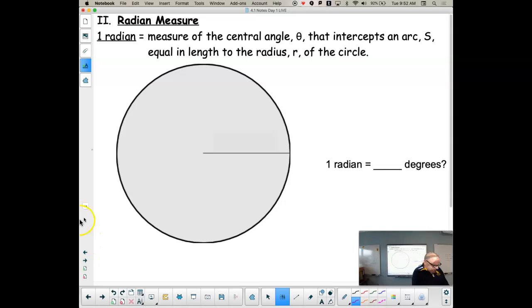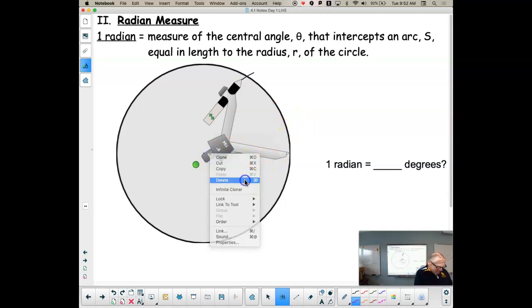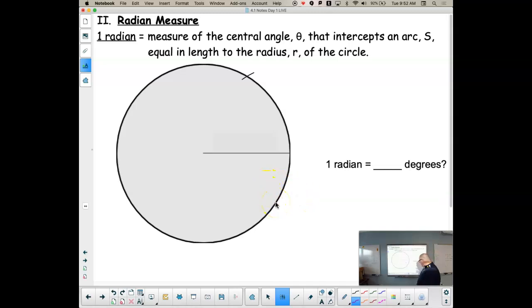What we mean by that is, if you had a compass, we could take said compass, measure out the radius of our circle, and then we could mark our circle like so. Now let me get rid of this. So we could mark that.